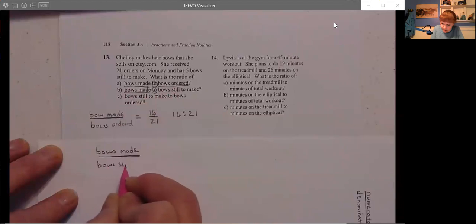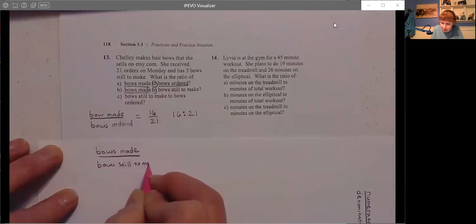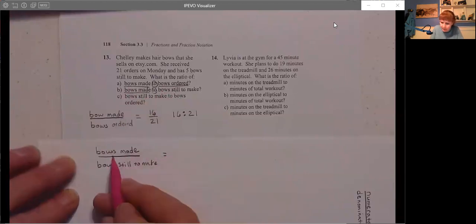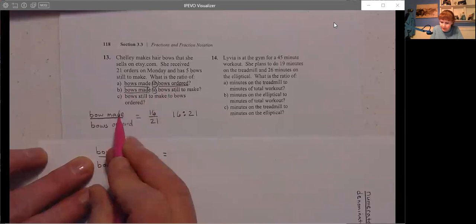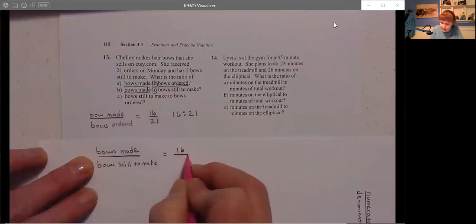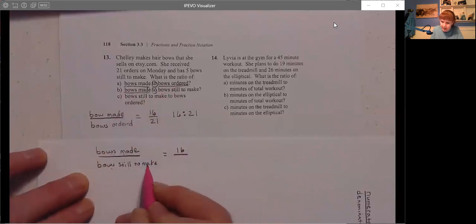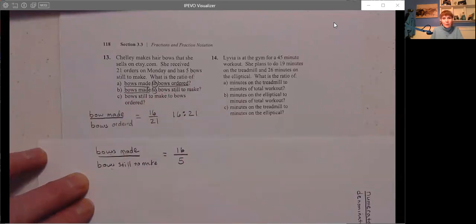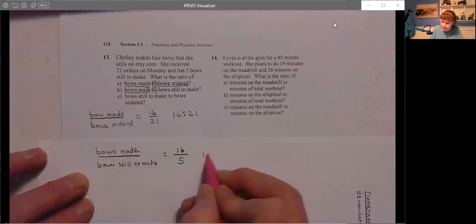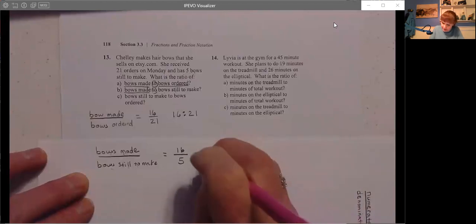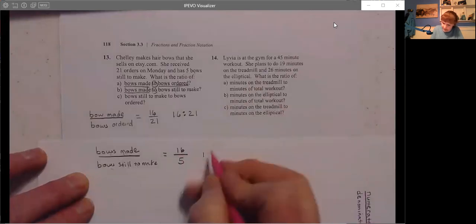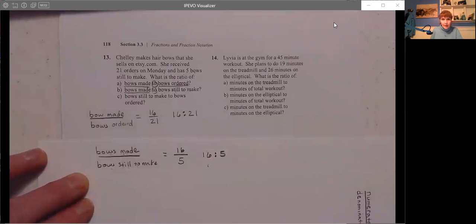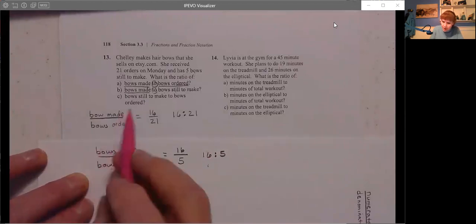You won't have to write this out; I'm just doing that to help people understand. The bows made, which we found for the last one, is 16. How many does she still need to make? 5. So 16 over 5. There's your answer.